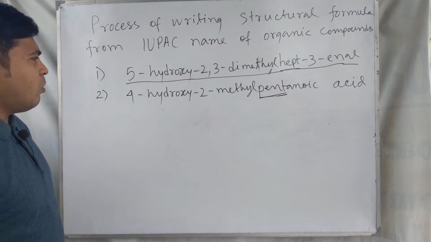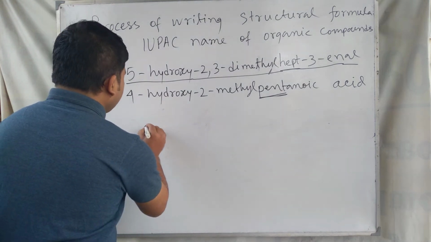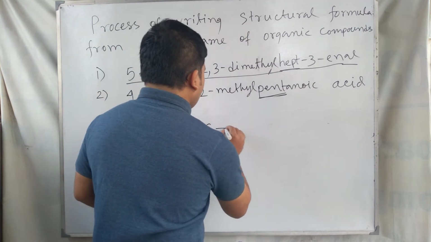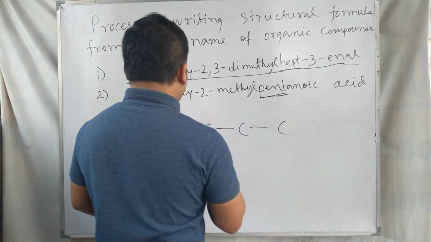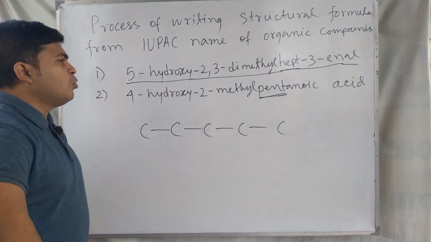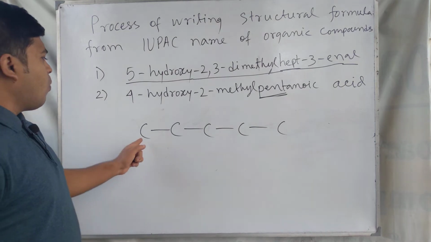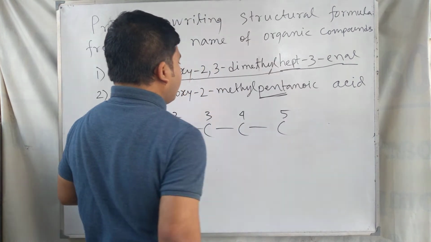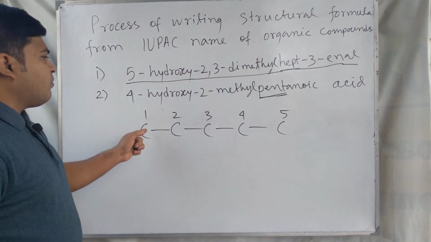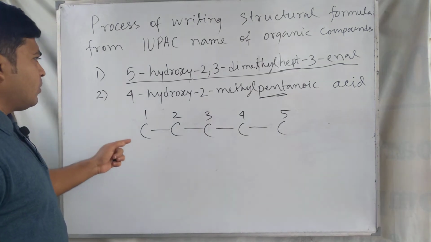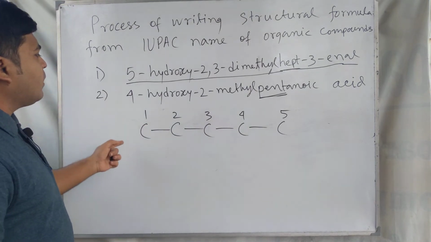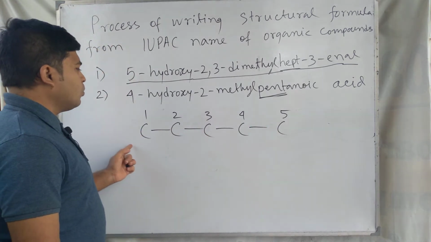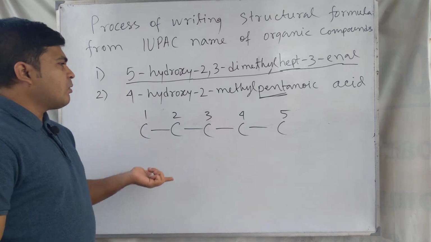organic compound's name. So pent is the root word. We have to write 5 carbon atoms, because here the root word is pent. 1, 2, 3, 4, 5, and after writing the chain of 5 carbon atoms, you have to number this chain from any side, from this side to this side, or from this side to this side, any one is correct.